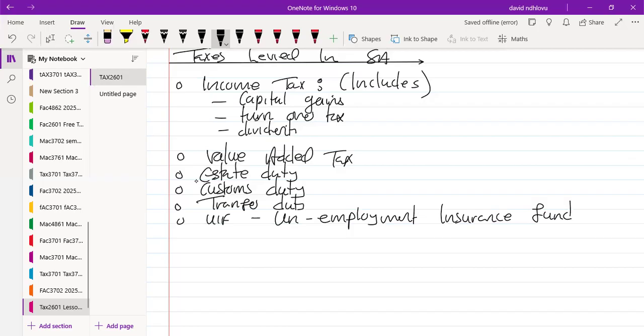Whenever you are employed, there is a small percentage, 1% of gross, that is deducted from your salary, and it is supposed to be used to cushion the unemployed with a little bit of something so that everyone can survive. So everyone plays a part when it comes to funding the government. We also have what we call skills development levy.